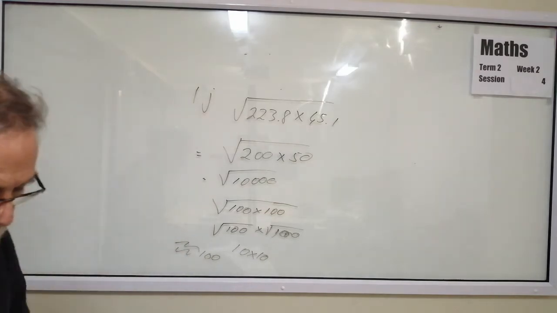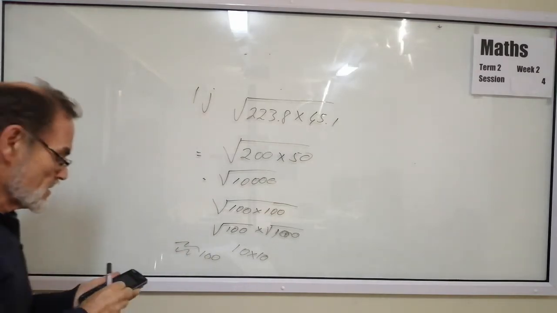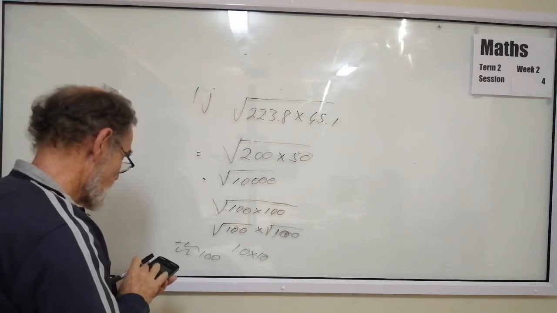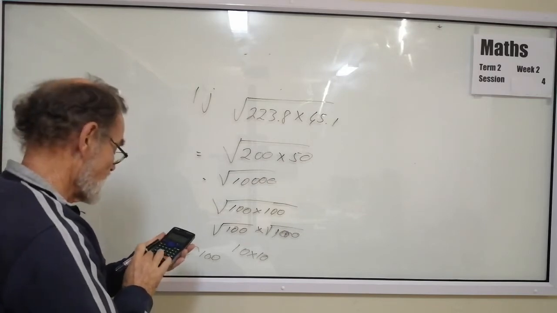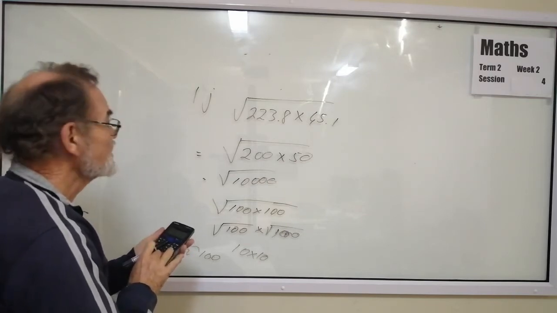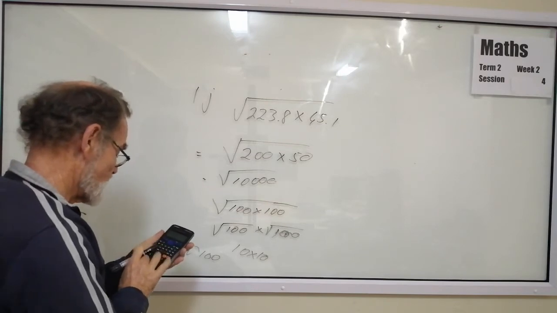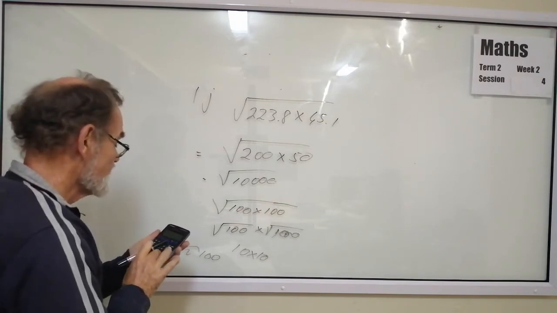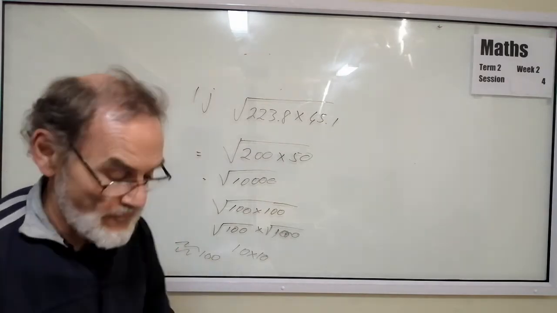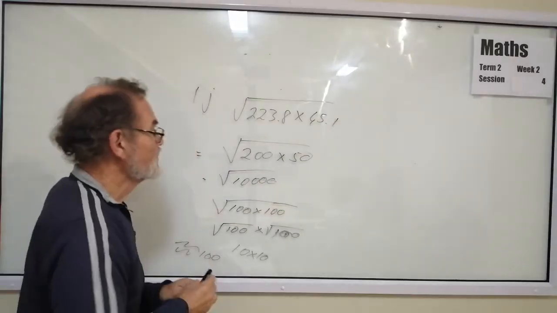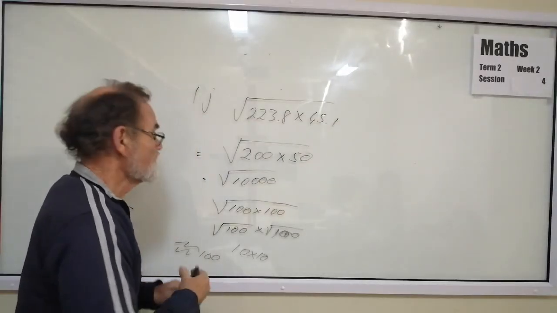Okay, let's see what the actual answer is. Square root of 223.8 times 45.1 is 100.47.